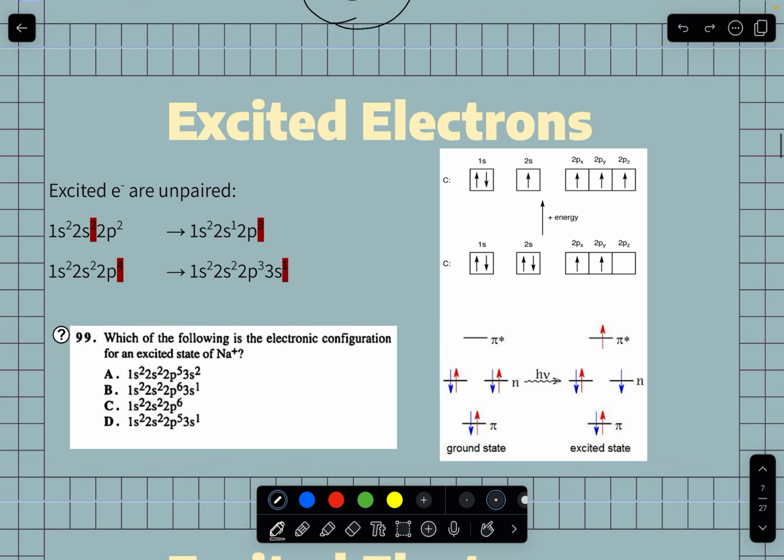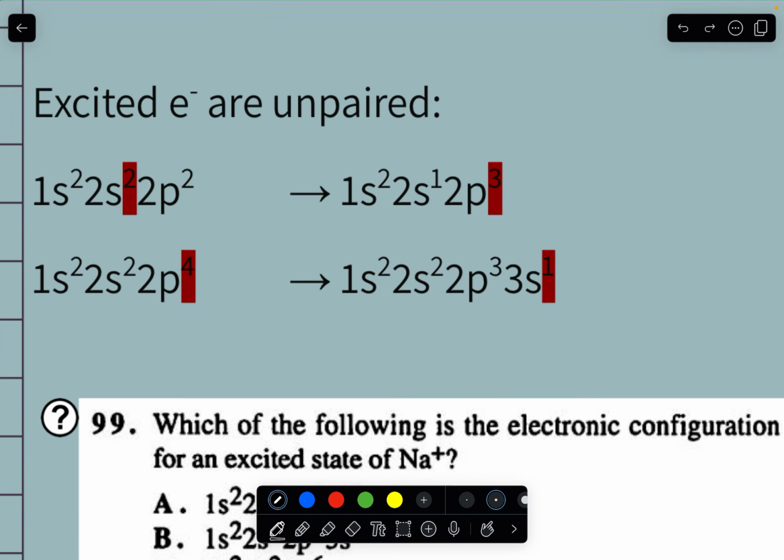Okay, so with excited electrons, when they're gaining energy, remember these excited electrons go from the last paired electron to the next open position. With these examples here, remember 2s2, that's 2 paired together, 2p2, that's 3 boxes, but you only have 2 electrons.